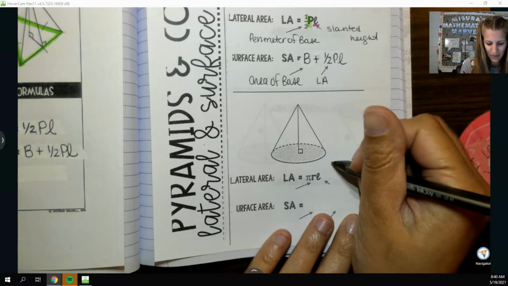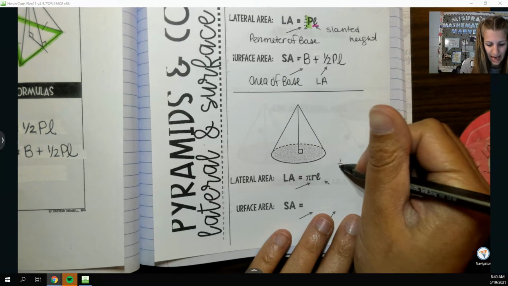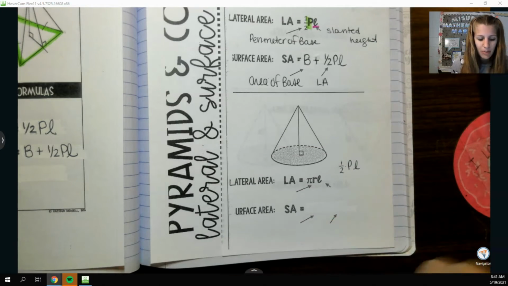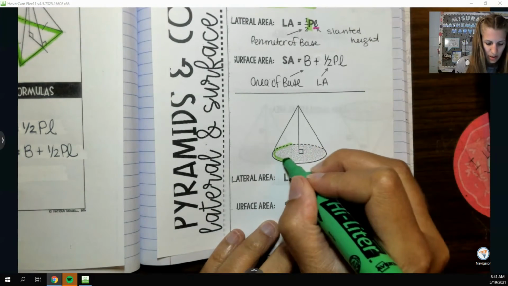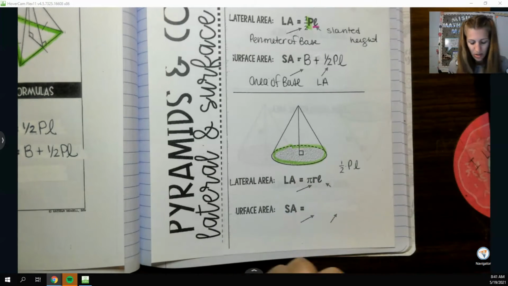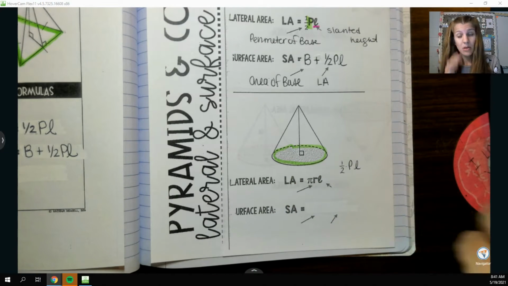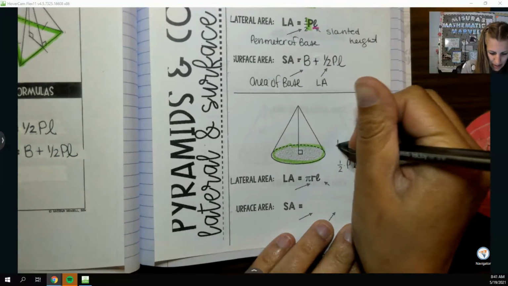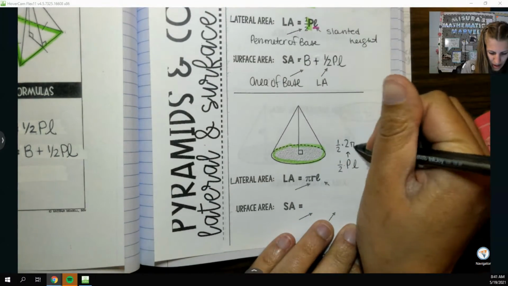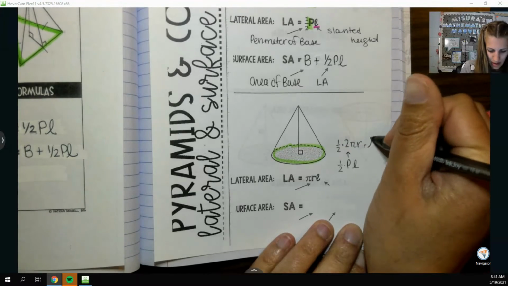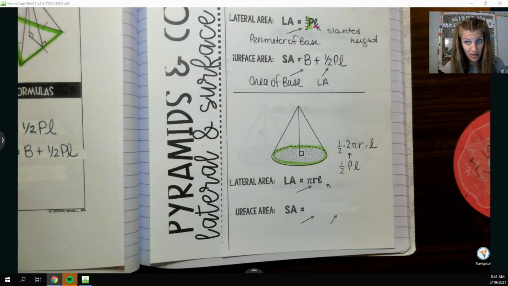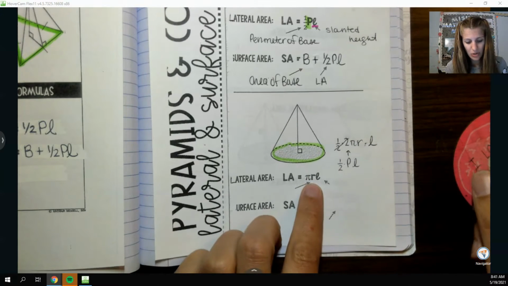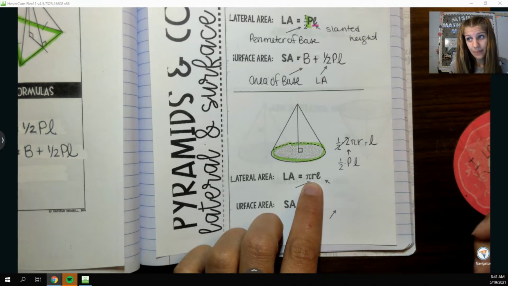Let's talk about some simplifying. So lateral area is normally half perimeter times the slanted height. Perimeter of a circle, though, is really circumference, which we can think of as d pi, but we can also think of as 2 pi r. So if I replace the perimeter with 2 pi r, every time what always happens is that the half and the 2 go away, and so we're sort of just left with pi r.